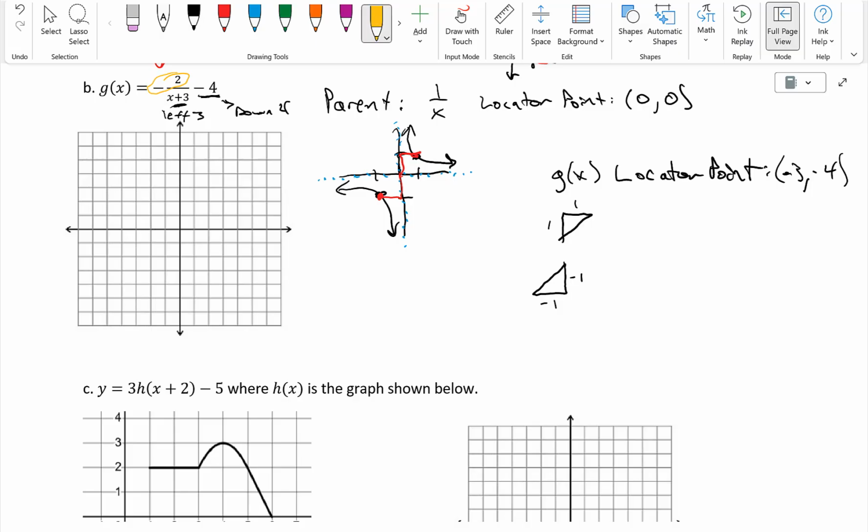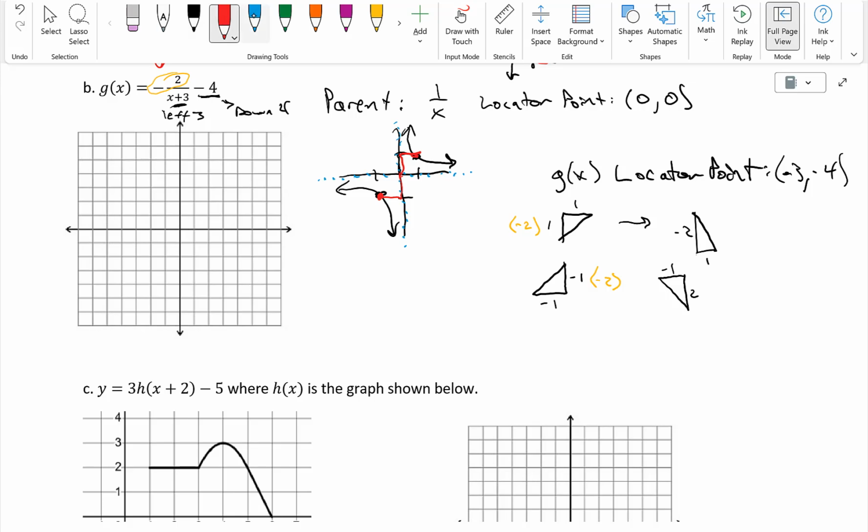If we're multiplying by negative 2, I'll keep this weird yellow color, we are changing the y values by negative 2. So my new slope triangle becomes a negative 2, 1. And the one for going down becomes a 2, right? Positive now, and then 1 to the left still. Negative 1 there.